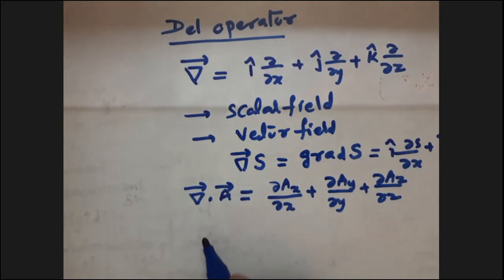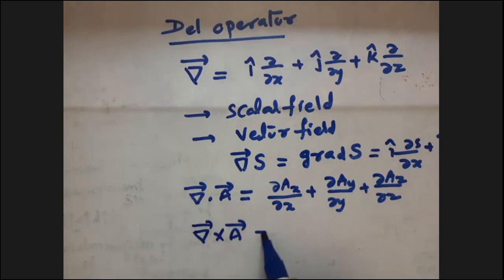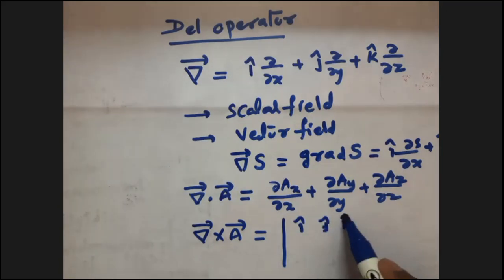It is also operated on a vector field in another form, del bar cross a bar. It is called the curl of a bar. We know for a bar cross b bar, the determinant is i, j, k, ax, ay, az, bx, by, bz.